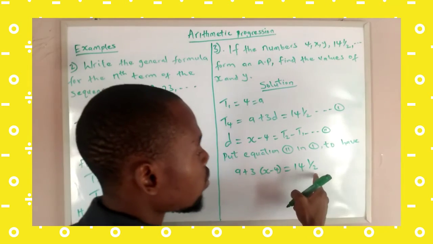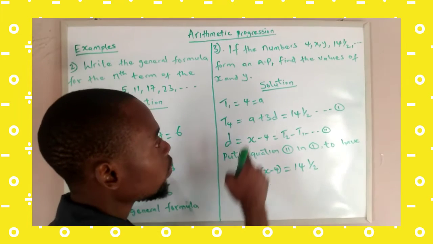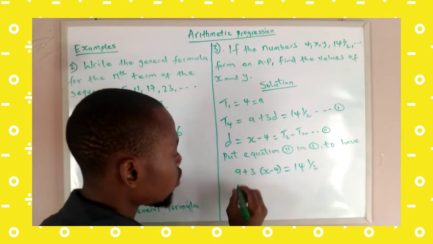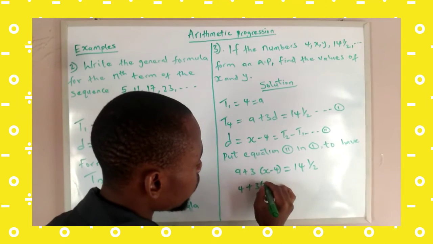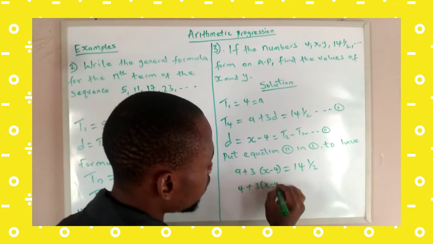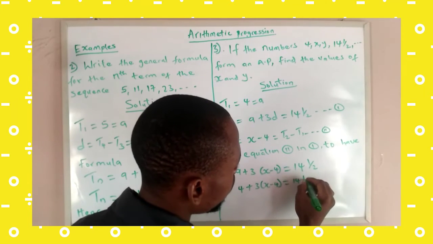So this is now the equation we are having. But recall that our a is 4, that's our T1. So we have 4 plus 3 into bracket x minus 4 is equal to 14 whole number 1/2.